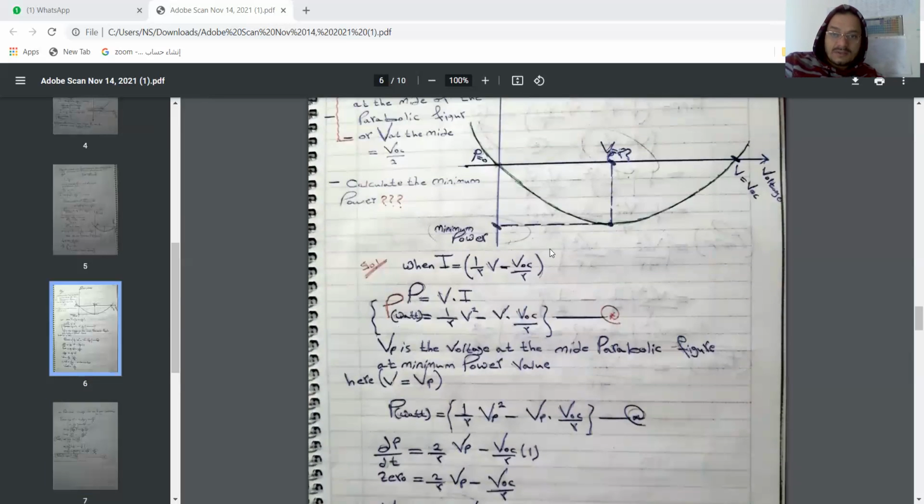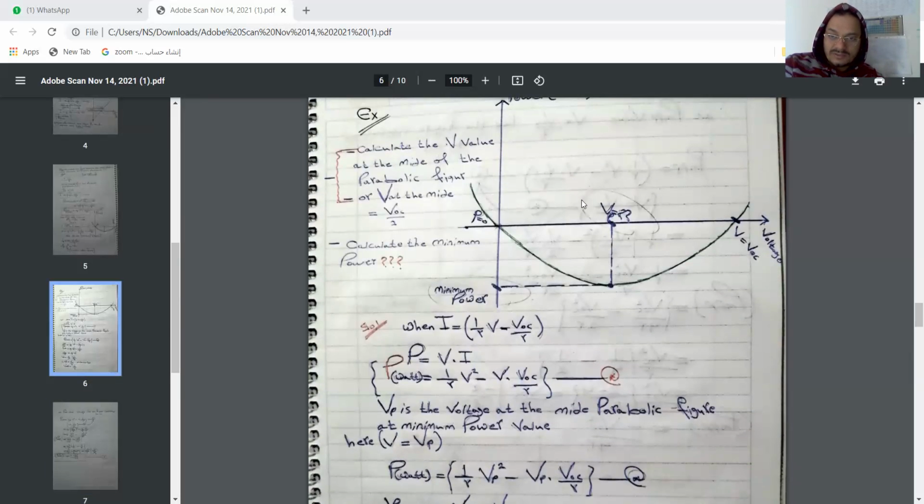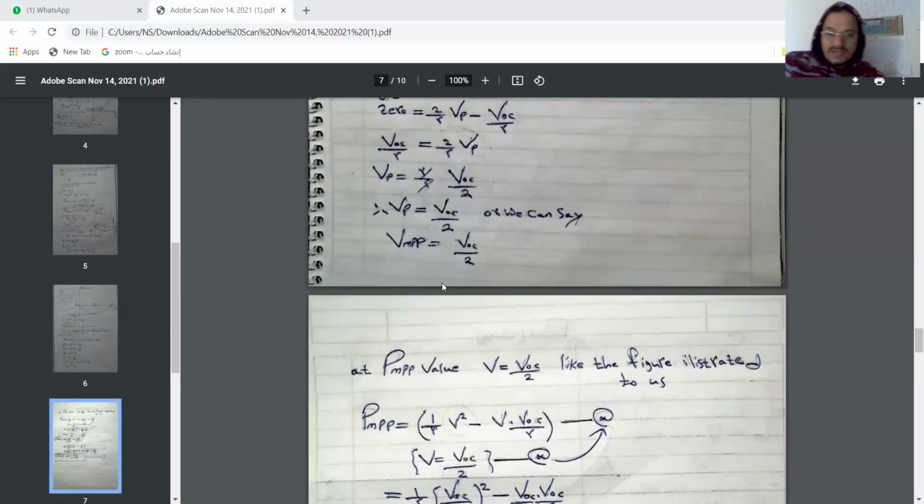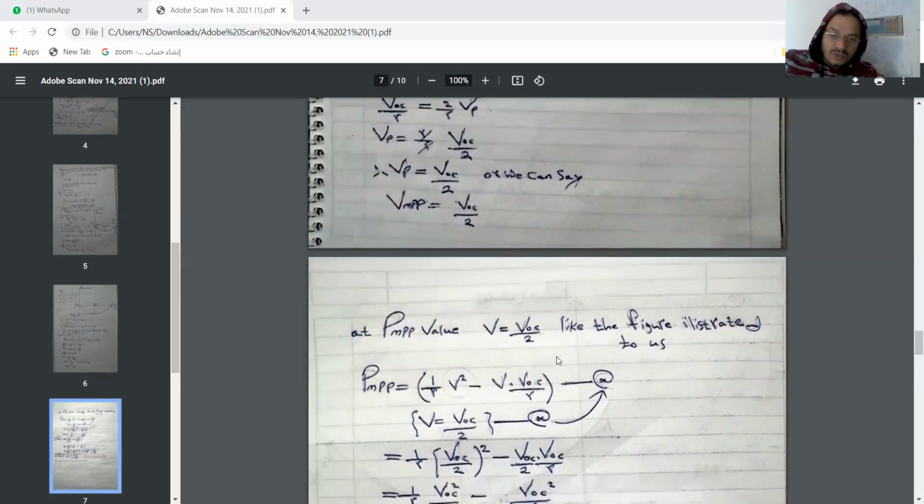After that, we calculated this point at the mid x-axis equals VOC divided by 2. Now let's calculate the minimum power. Let's calculate the Pmpp value when V equals VOC on 2, like the figure illustrates.